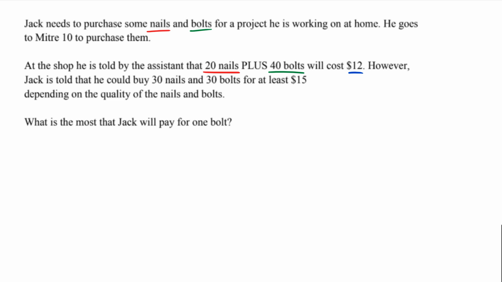So the first couple of things I'm going to do is put down N is equal to nails, and B is equal to bolts. So from that first equation, let's think about it: how many do I have?